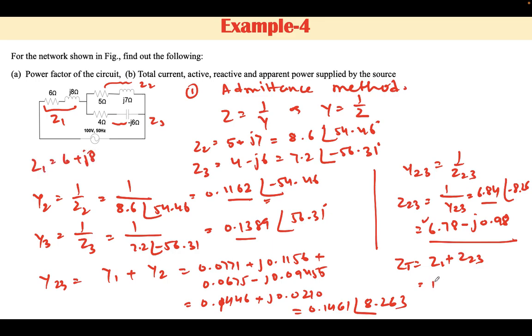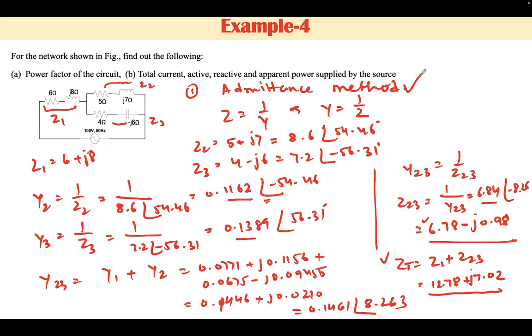So 6 plus j8 plus 6.78 minus j0.98 will be 12.78 plus j7.02. This is the total impedance of the circuit. This is obtained by using the admittance method.